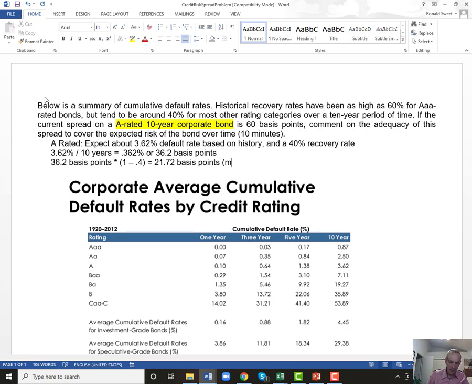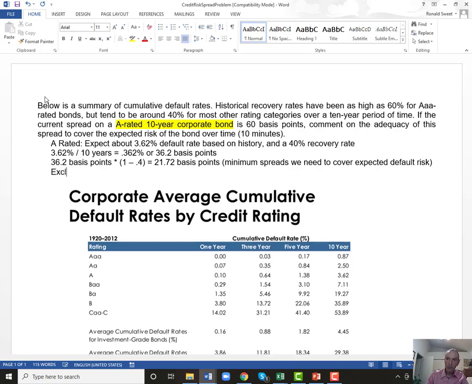But this is the minimum spread we need to cover expected default risk. Remember, notice I didn't say expected credit risk, expected default risk. So this excludes, what did we say before? It excludes spread risk. All right?